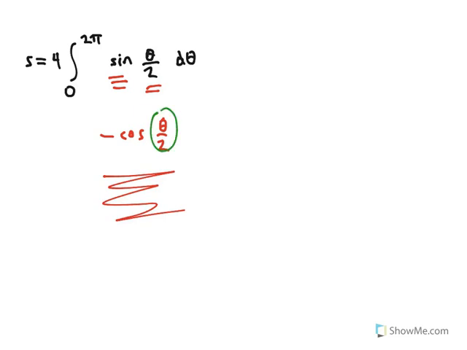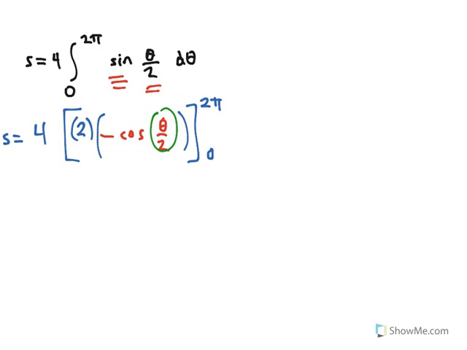You would be using the chain rule and multiplying by the derivative of the inside function, which will give you a factor of 1/2. But you don't want that factor of 1/2, so you compensate by multiplying by 2. And when you do that, this is what you have for your antiderivative.